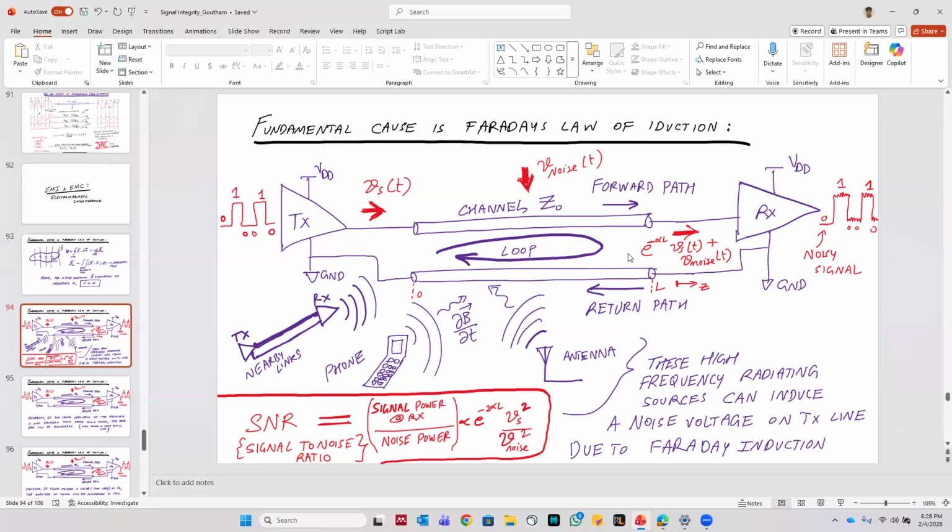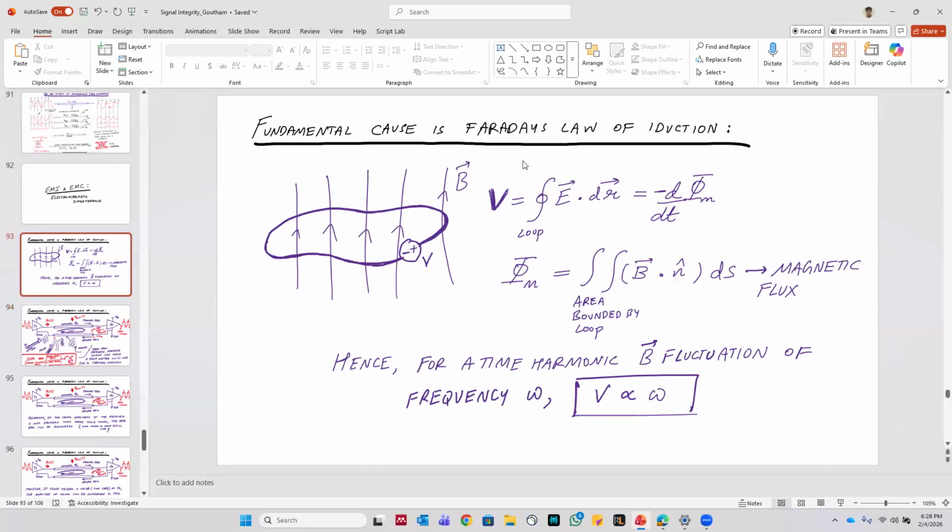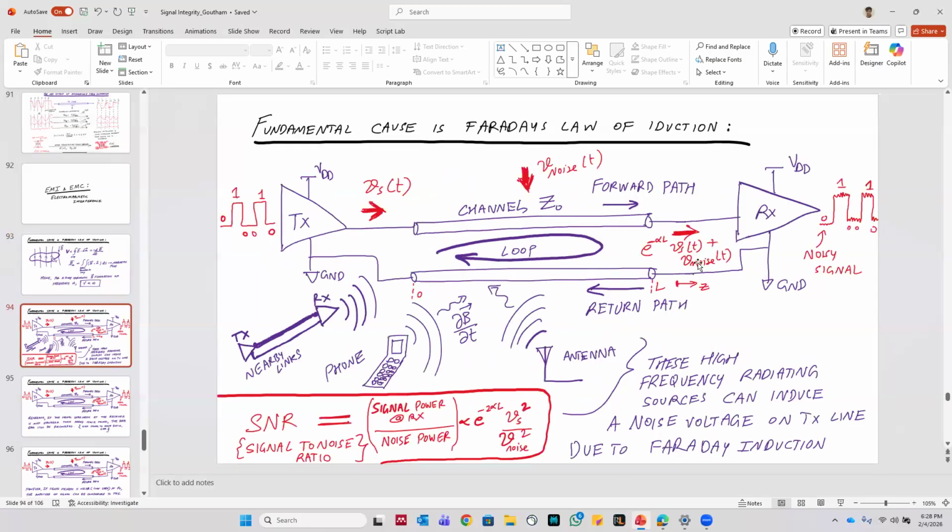So at the output side, it's going to be the input signal, Vs of t, times some attenuation factor. But now, because of all these high frequency things nearby inducing voltage through Faraday's law, you're also going to add a noise signal, V noise of t. And this induced noise is directly proportional to frequency, because the induced voltage is proportional to frequency. So this noise signal increases as the frequency of these different components increases.